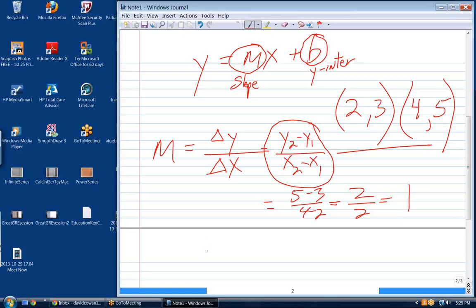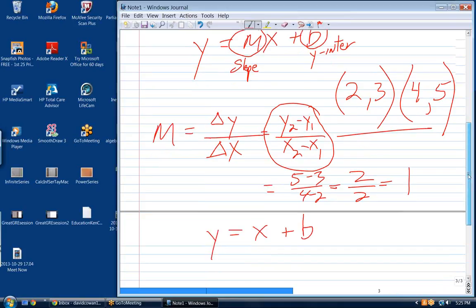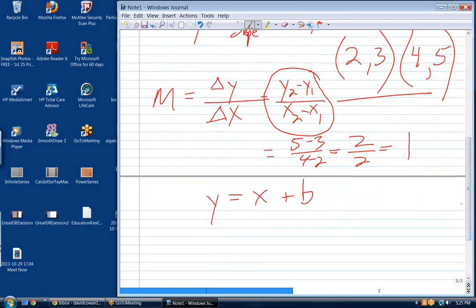So now that allows me to go back and write the equation a little bit nicer. So now I know that. I still don't know b. Well, if I take one of my points, I know this point is in this equation. So if I plug in the x and the y value into this equation, I'll calculate b, and then I'll know the entire equation.